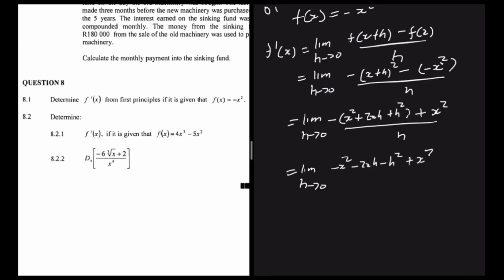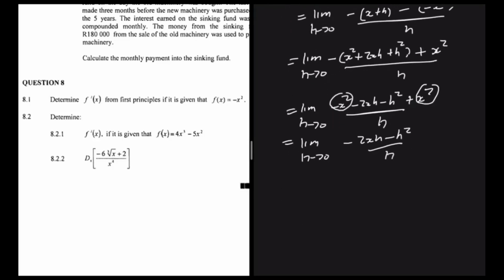So we have minus x squared plus x squared. That will be 0, right? Divided by h. So this will be equal to the limit as h tends to 0 of minus 2xh minus h squared divided by h. Now we can take h as a common factor, right?